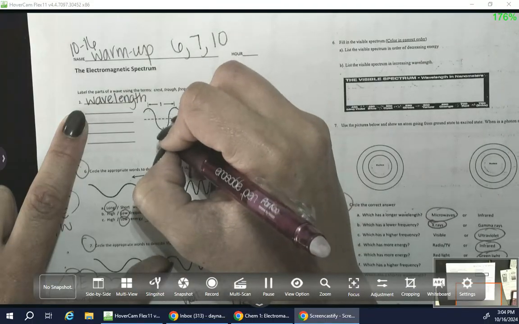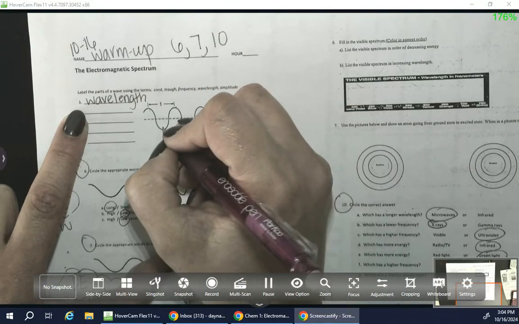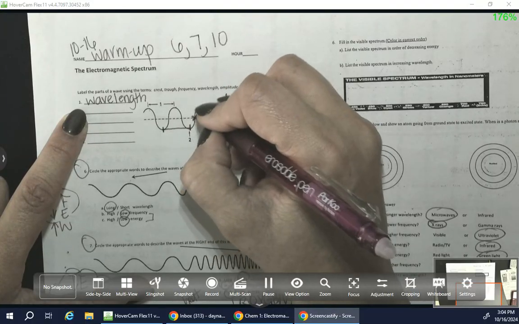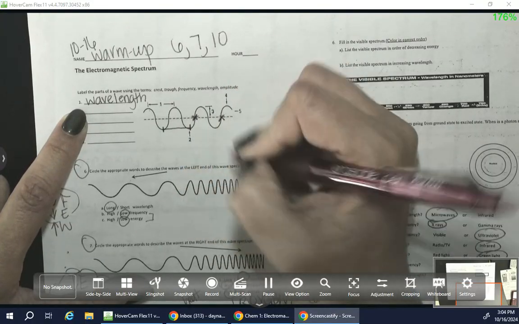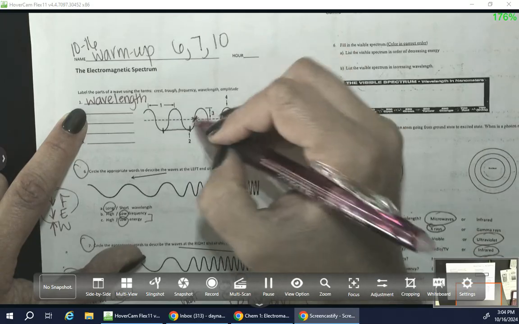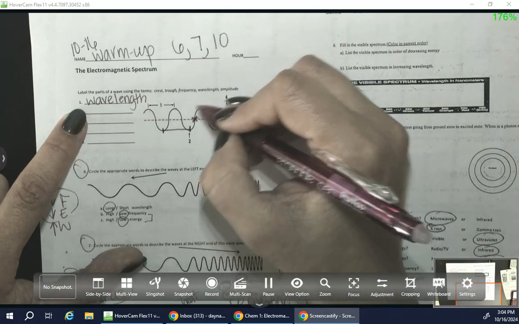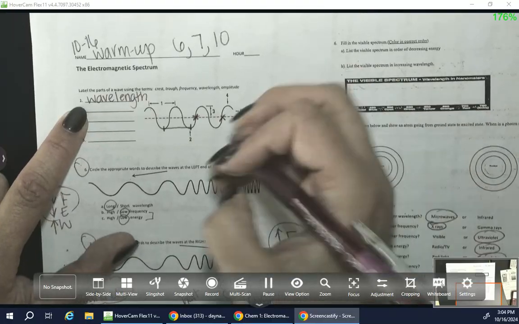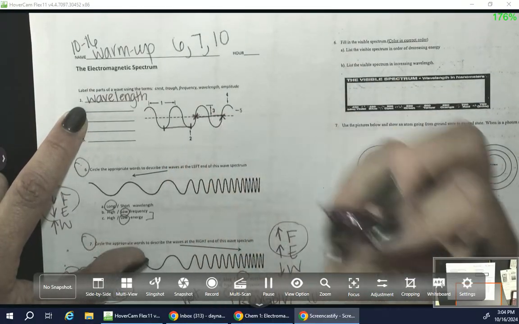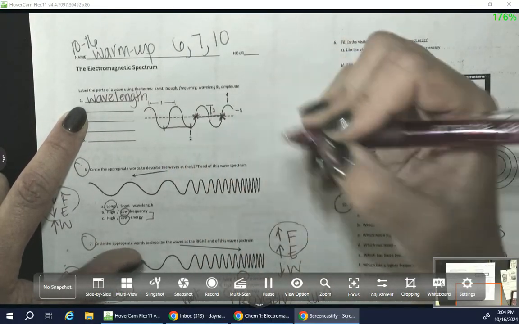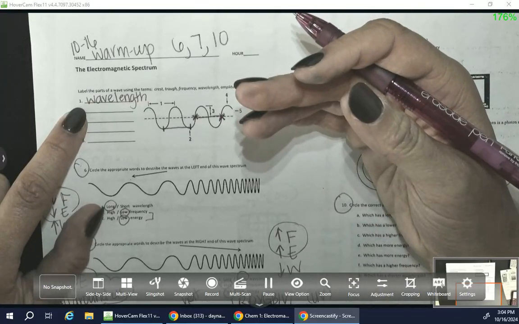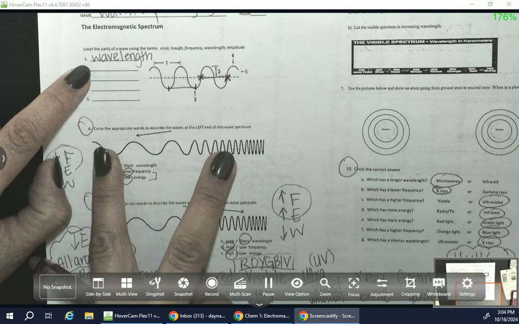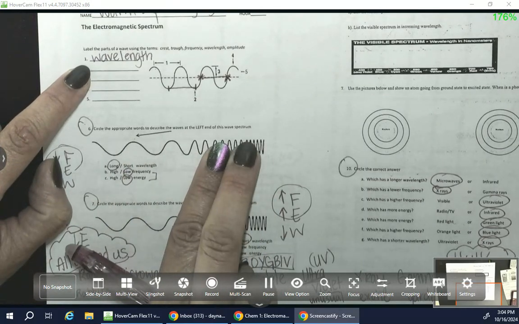It can also be bottom to bottom, as well as middle to middle. Notice I didn't just go to the next middle. That's a half. This is a full wavelength. This one was stretched out, so longer. This one is squished together, so shorter.